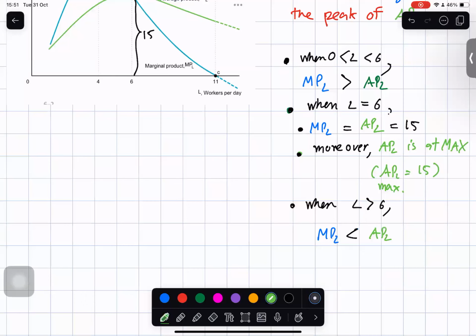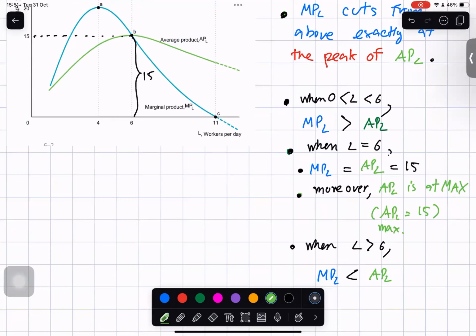If we use more than 6, now marginal product is less than the blue mountain, it's shorter than the green. MP is less than AP.